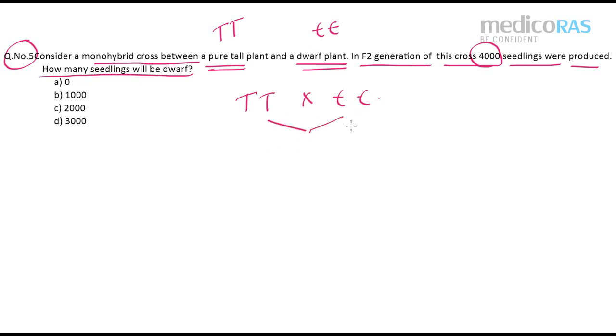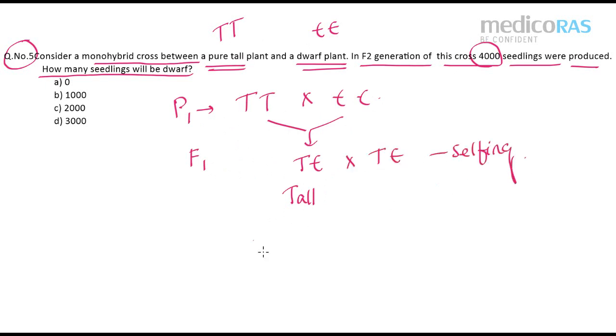So here I can see that if this is the parent, then from the F1 generation I can get only this type of progeny, which is purely tall. Then if I go for selfing, I will get in the F2 generation capital T capital T, 2 capital T small t, and this one, right? Just now we did this type of question, correct?